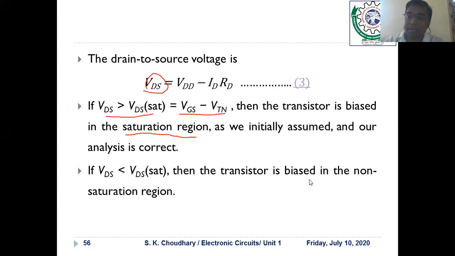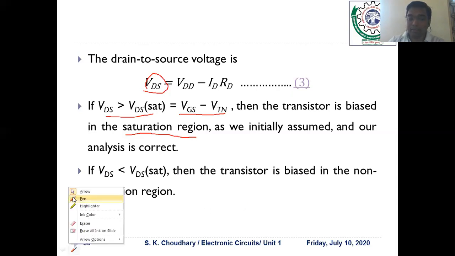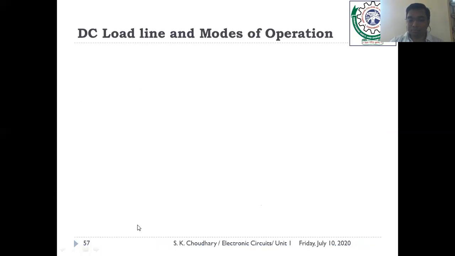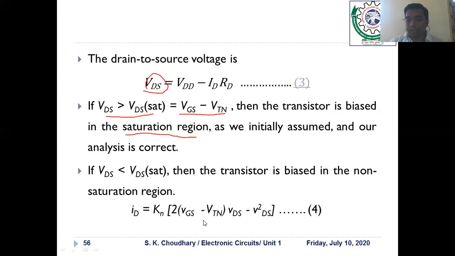So we have to recalculate the drain current, because our earlier drain current value would be wrong. The formula we use for the recalculation is ID is equal to Kn times twice of (VGS minus VTN) into VDS minus VDS square.